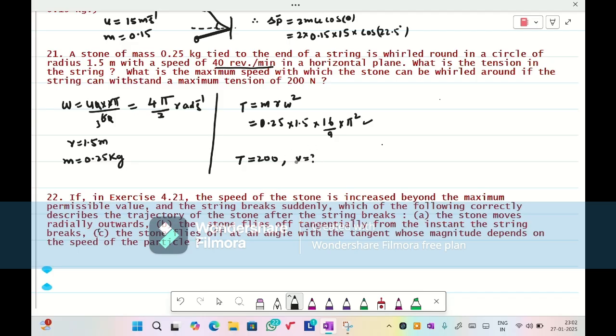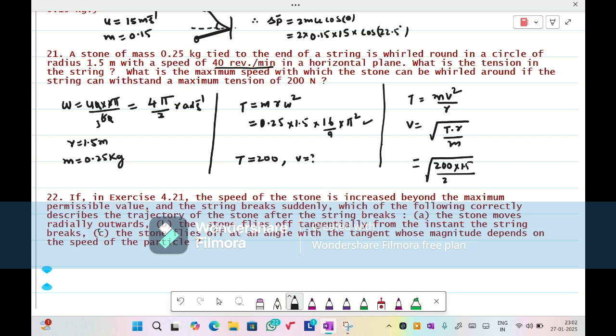Directly they are asking speed, therefore I can go with T is equal to m v square by r. So v is equal to root over T into r by m. So that is root over T equal to 200 into 1.5 by m, m is equal to 0.25.